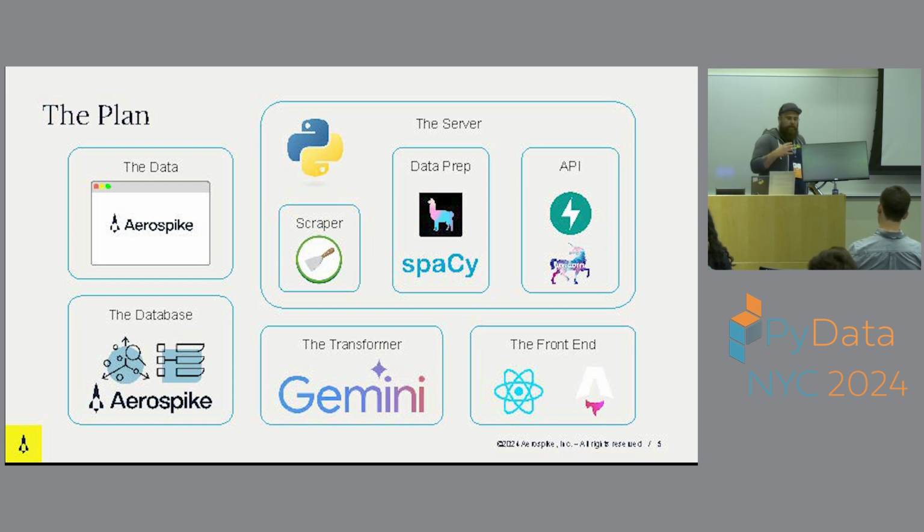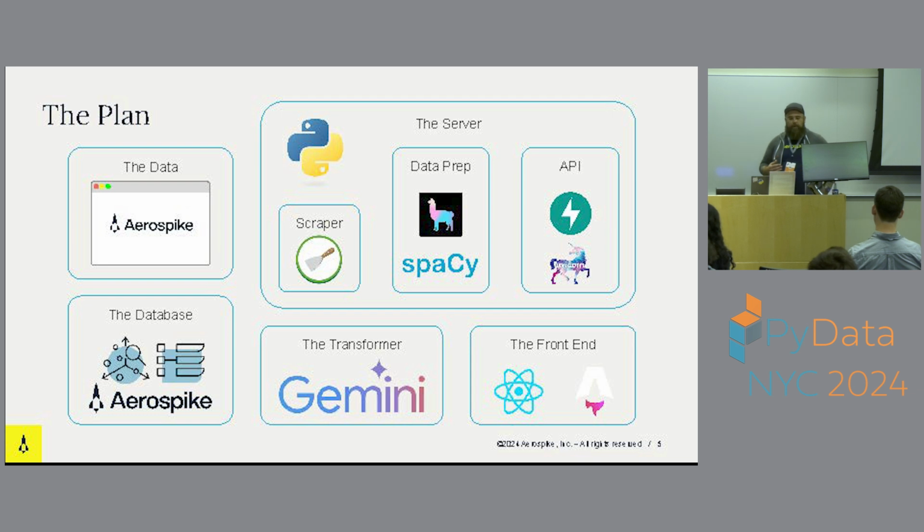Then on our server, we're going through that scraping process and a data prep process. We'll talk a little bit about that in terms of both the semantic search and the keyword search. And then we have a FastAPI endpoint, really a single REST endpoint for search, that we're hosting with Uvicorn and then using Gunicorn to do our production worker threads.